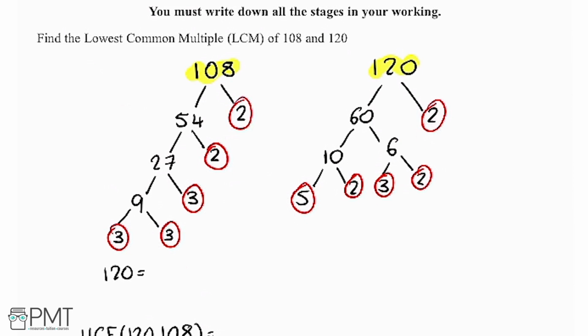And if we multiply that all together, 2 times 2 times 3 times 2 times 5, that actually equals 120. It'll be the same for 108: you multiply all the prime factors, so we've got 2, 2, 3, 3, 3.